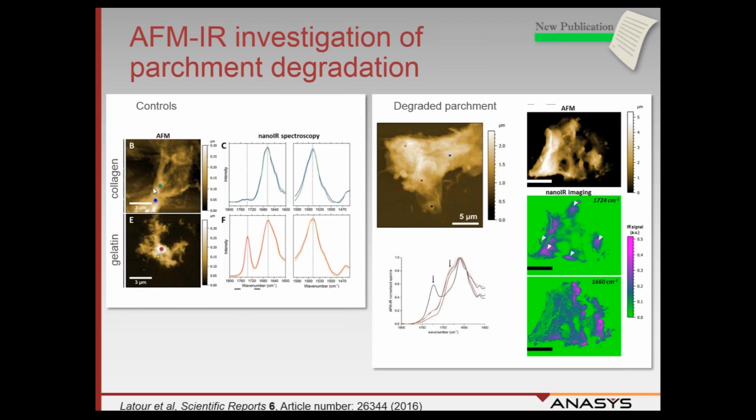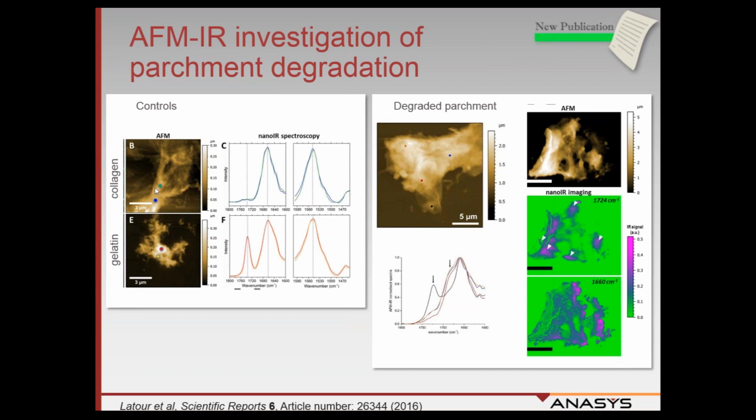And it's known that parchment, which starts out primarily as collagen, over time degrades, it gelatinizes into a gelatin. And so they started out by looking at pure samples of collagen and pure samples of gelatin, and they could see the characteristic peaks. For example, there's a characteristic peak at 1724 that shows up in the gelatin that is not present in the collagen. So these are the control samples.